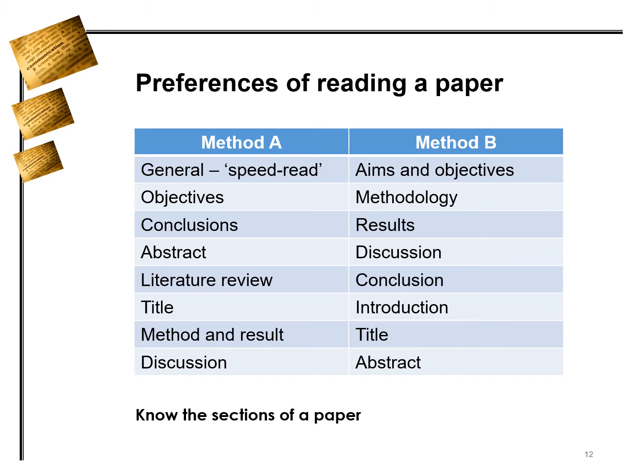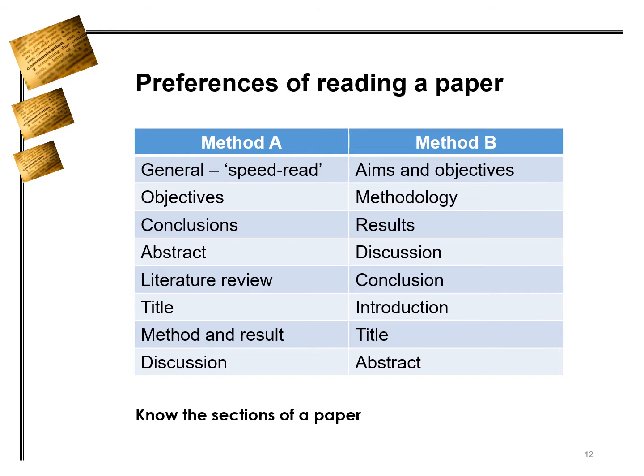While in method B, we would first read the aims and objectives of the paper, followed by methodology, results, discussion, conclusion, and then we will go back to the beginning of the paper by reading the introduction, title, and lastly the abstract.